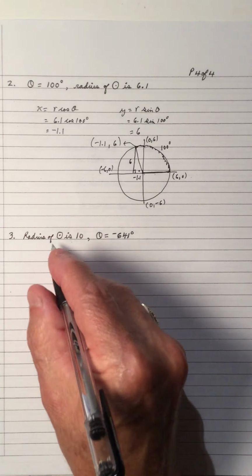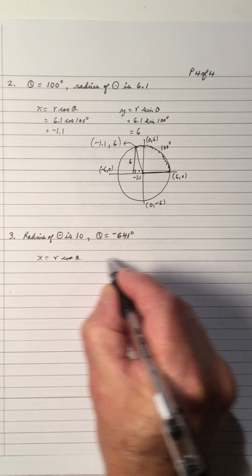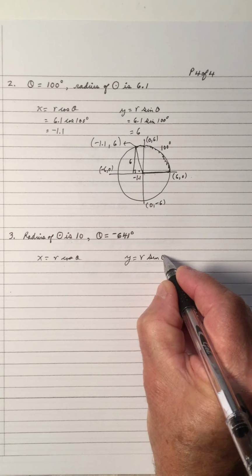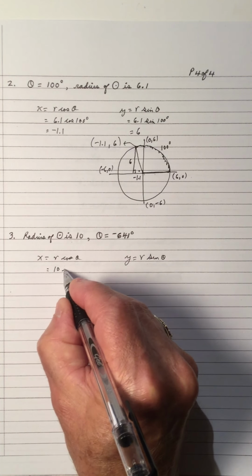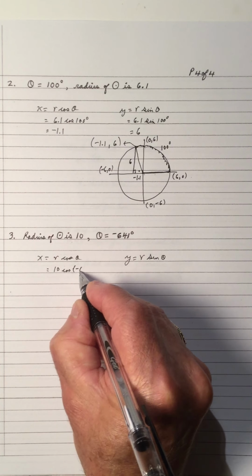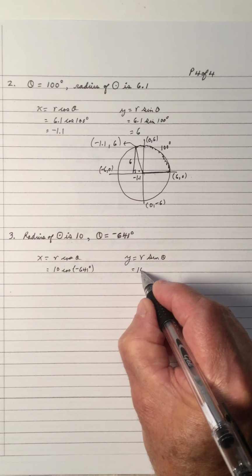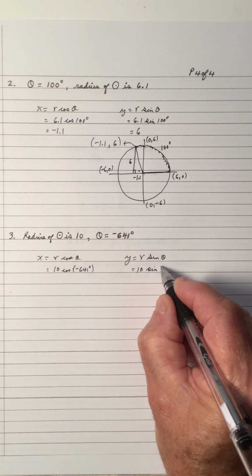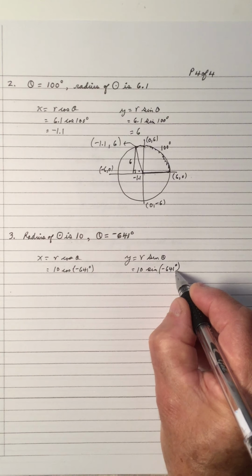And one more to do. Again, x equals r cos theta, y is equal to r sine theta, and the radius is 10. And cos of, now notice the angle is a negative 641. Because we have a calculator, we don't have to worry about changing the negative 641 to a smallest positive coterminal angle.